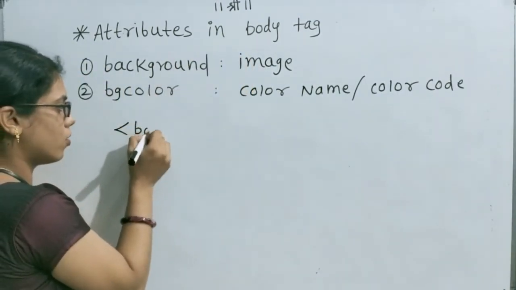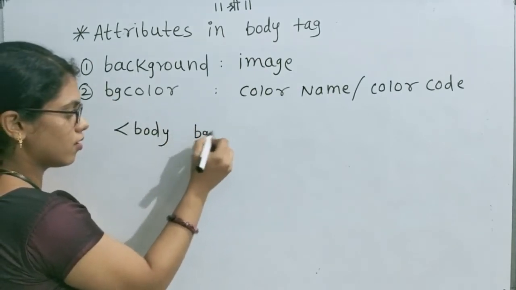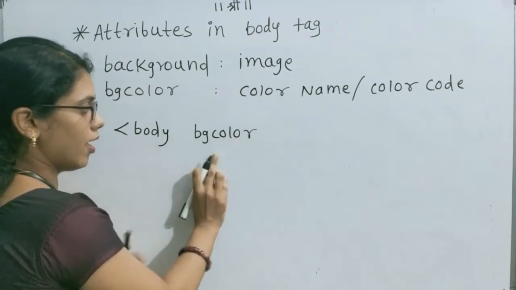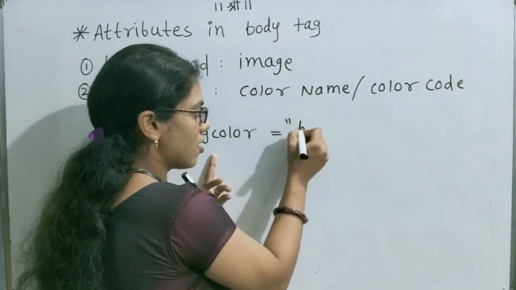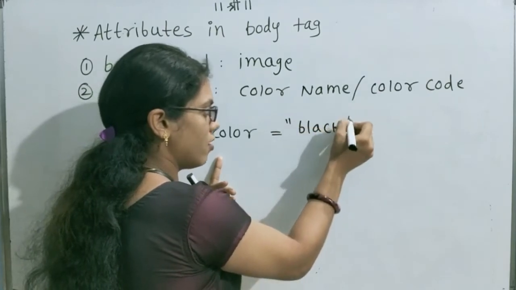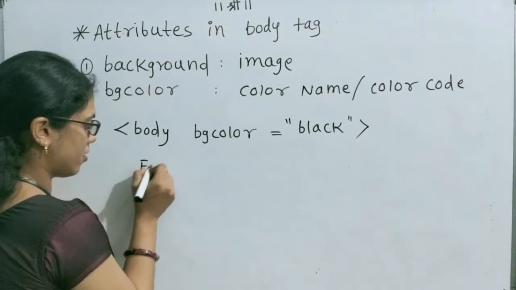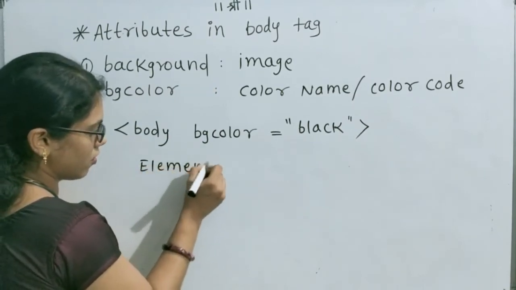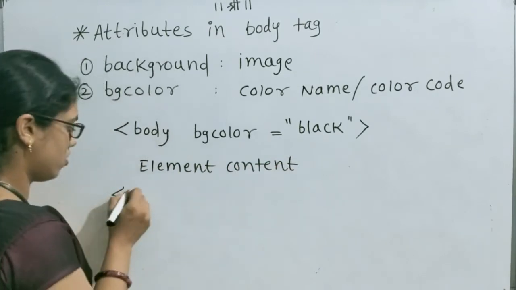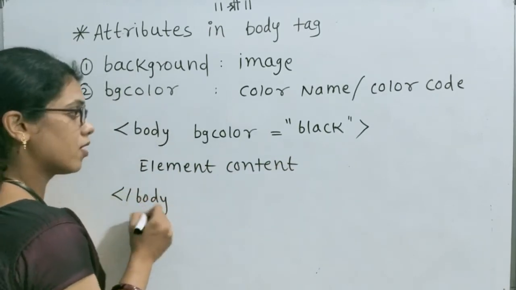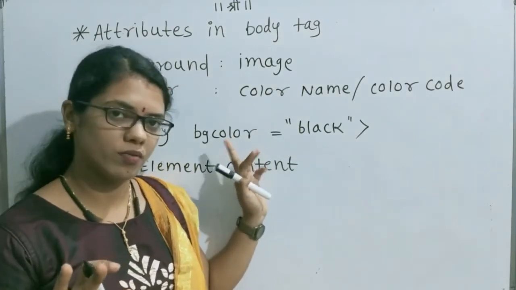So body tag open, the attribute is BG color and the value of the BG color attribute is black, inside double quotes, angle bracket complete, element content and then body tag closed. So what happened? Black color is applied to the background of the web page.